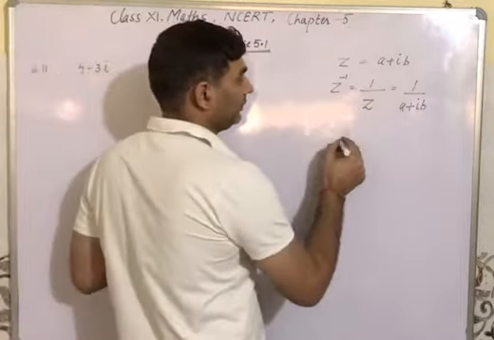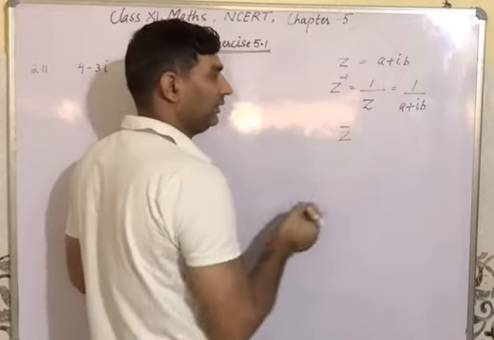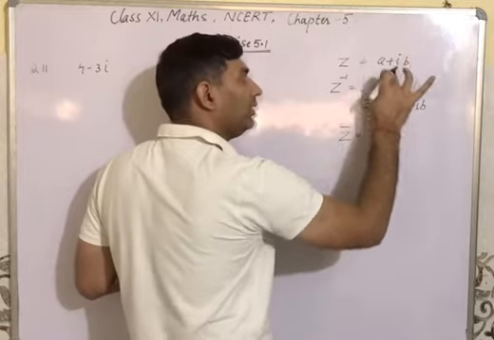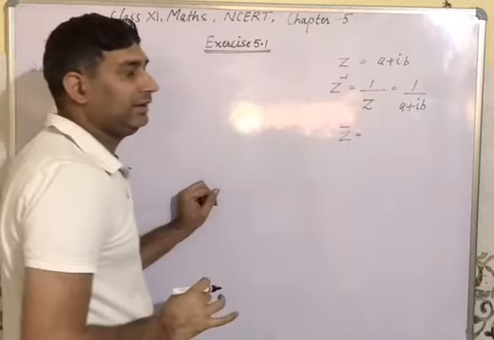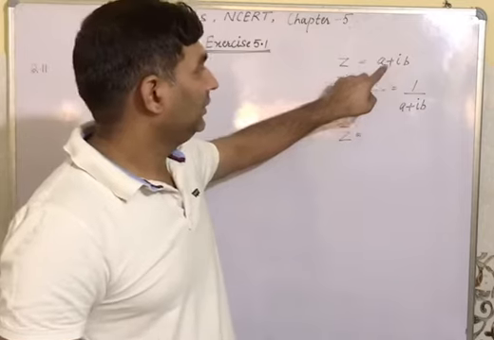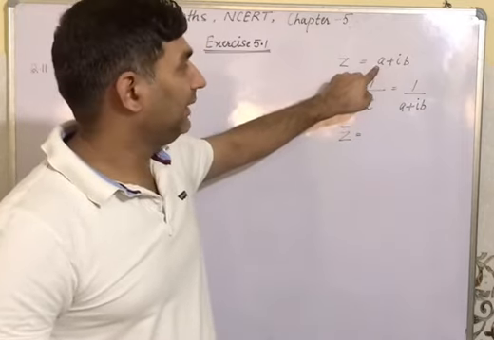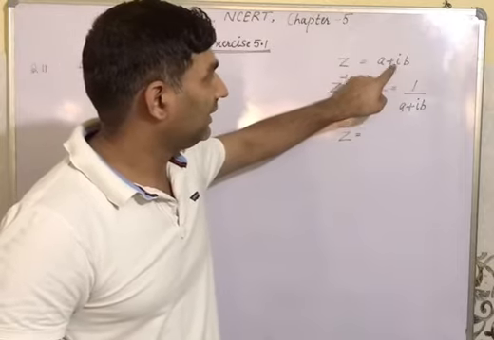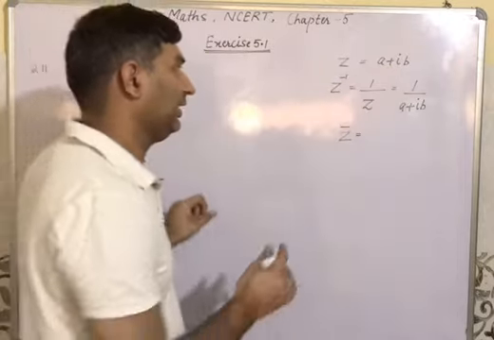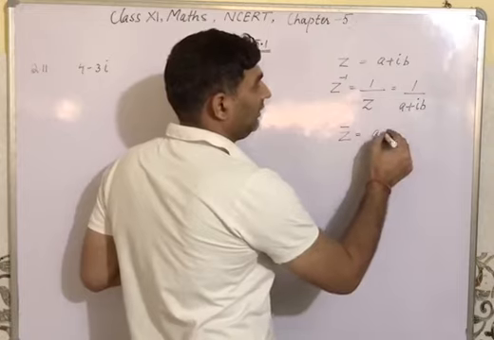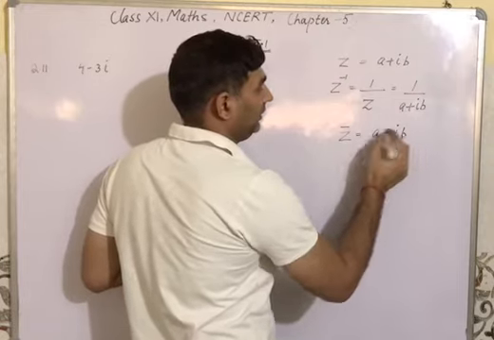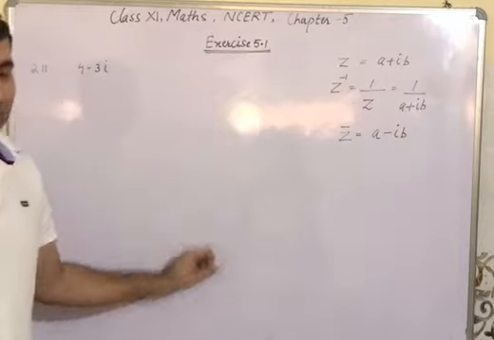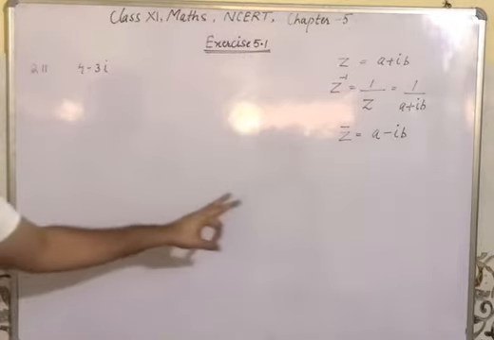Conjugate is z bar. We take the conjugate and change the sign of the complex number in iota form. The real part stays the same, we change the sign of the part that is with iota, that means this sign changes: a minus iota b, and then multiply by this. This is your conjugate, so we have to multiply by the conjugate.